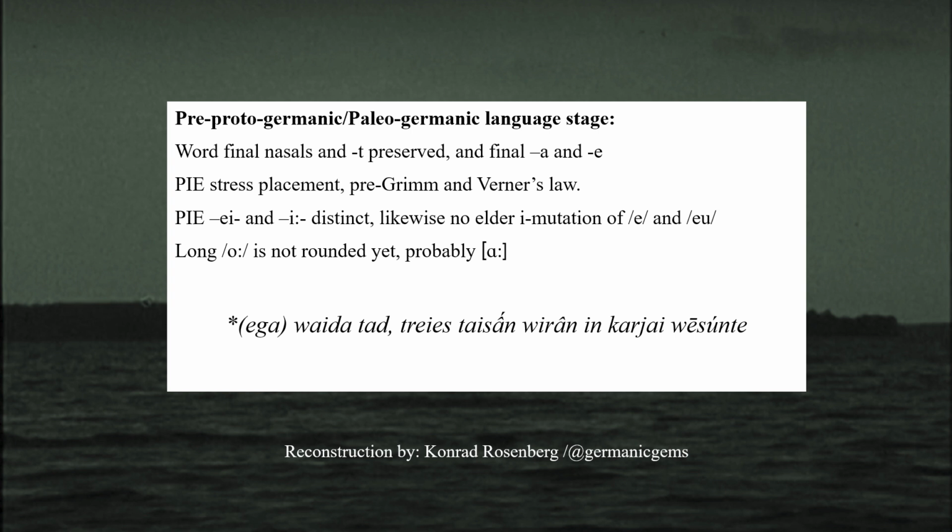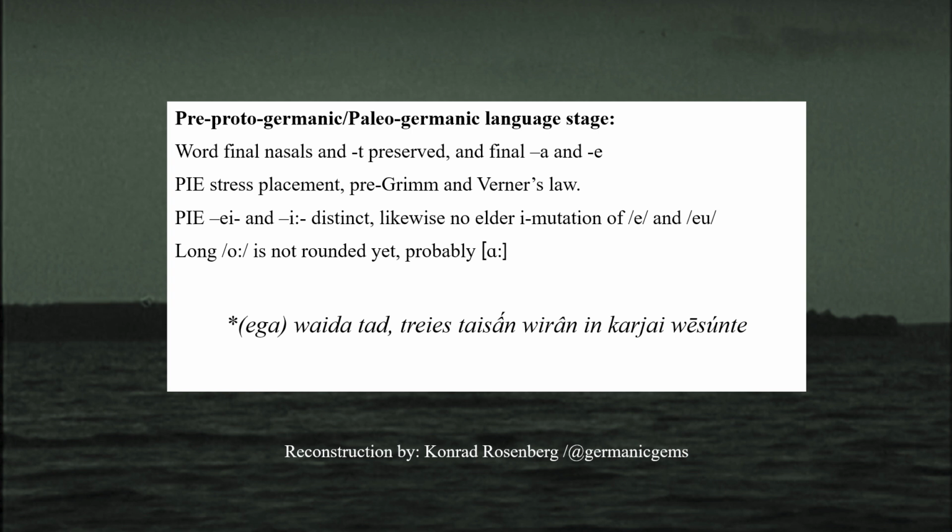So this kind of language has final nasals preserved, final short a and e from Proto-Indo-European preserved, the original stress placement for Proto-Indo-European such as in verbs and so on, no Werner's law because voicing of fricatives in those positions such as s and z was not yet phonemized due to the stress.